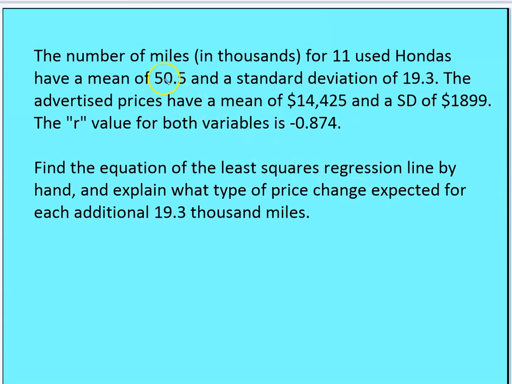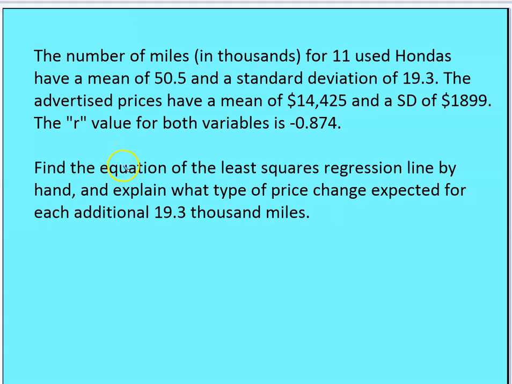All right, so the number of miles in thousands for 11 used Hondas has a mean of 50.5 thousand miles and a standard deviation of 19.3 thousand miles. The advertised prices have a mean of $14,425 and a standard deviation of $1,899. The value for r is negative 0.874.